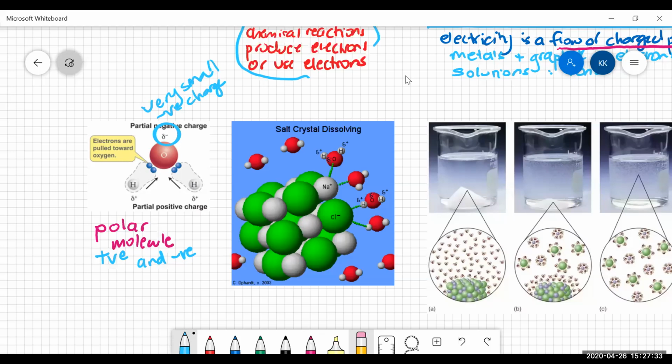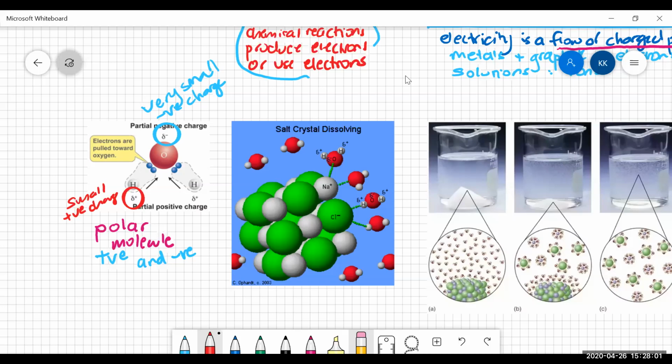The other end, the hydrogen end of the water molecule, has a slight positive charge. So it's a small positive charge. And that's because the electrons are being pulled away from it. It still has its protons, but its electrons are moving away from it, and that's giving it a very, very tiny positive charge.